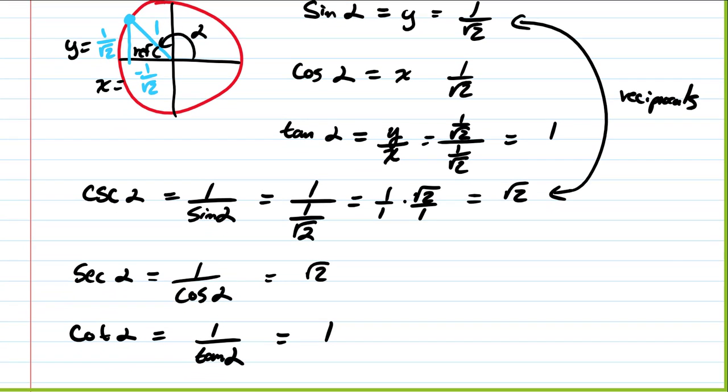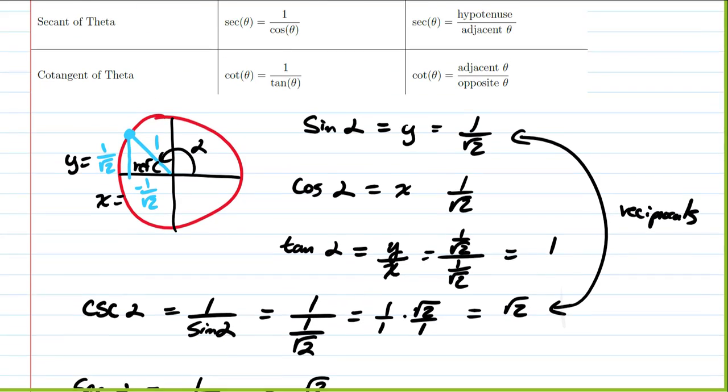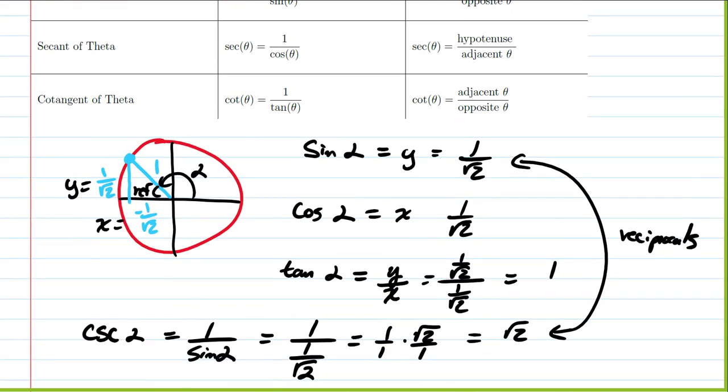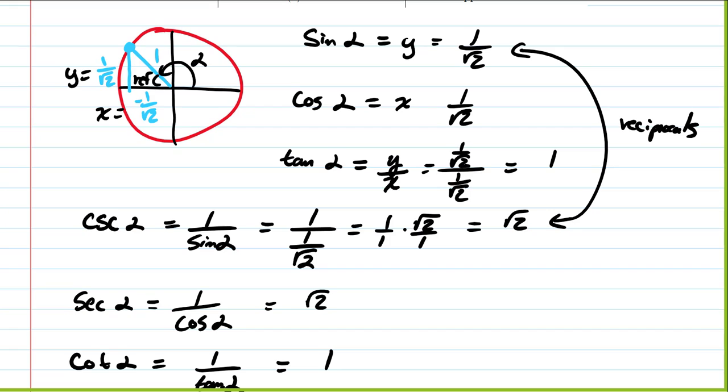With one exception, what did I do wrong in every single one of these? So this is important. What quadrant is this in? Well, x is negative. I'm in quadrant 2. So in quadrant 2, which coordinate is negative?